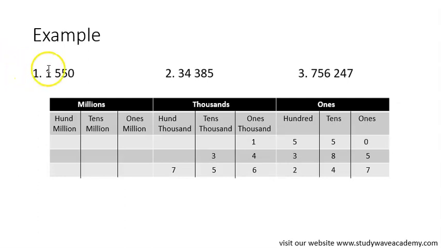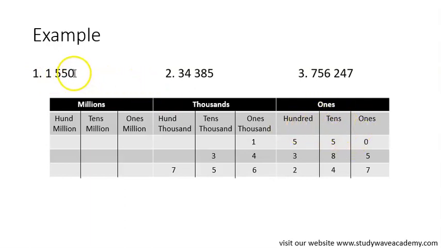Okay, so we have 1,550. We are to place this number according to its worth in the place value system. So we are going to be starting with the ones, okay? That is how to start. You don't start with the millions, you start with the ones. So placing 1,550, it's going to be 0, starting with the ones column.